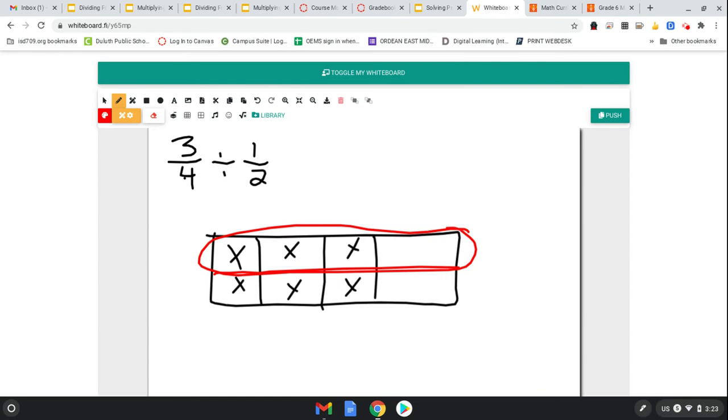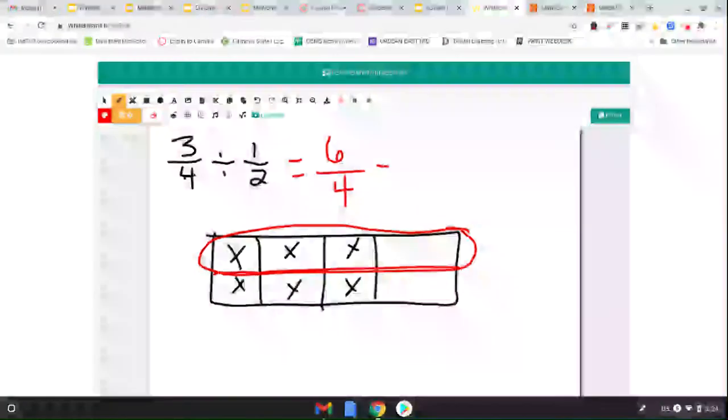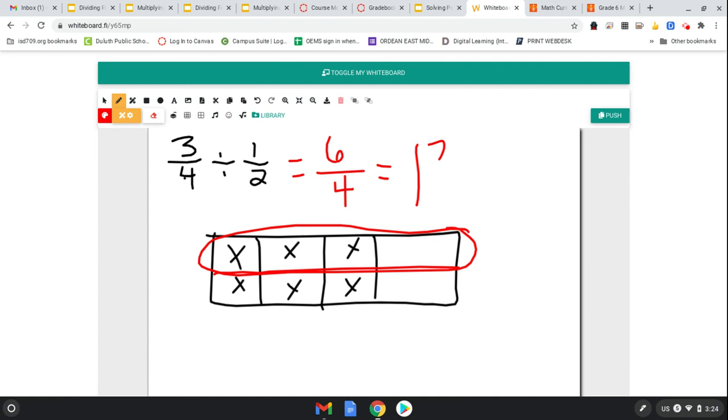So now we're going to count and see that I have 1, 2, 3, 4, 5, 6 X's, which will be my numerator. And I have 1, 2, 3, 4 places of my half, which is 6/4, which simplifies to 1 and 2/4, which simplifies to 1 and 1/2.